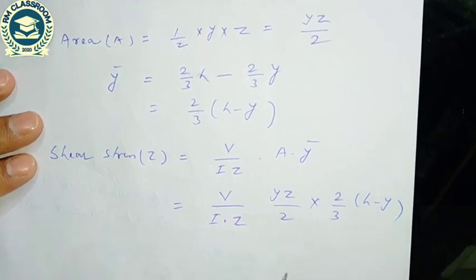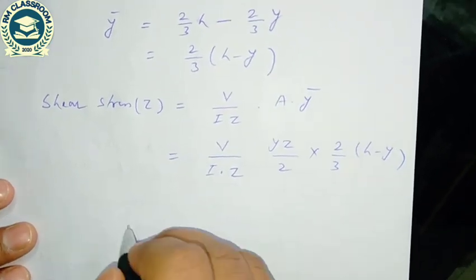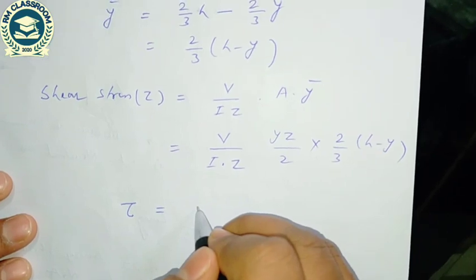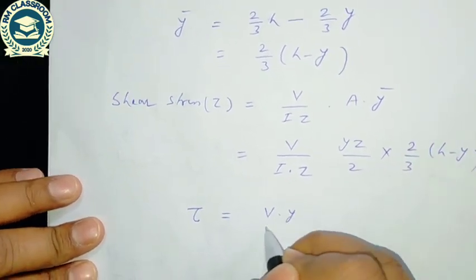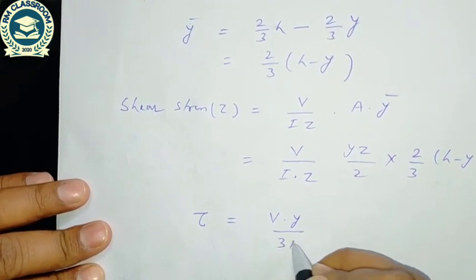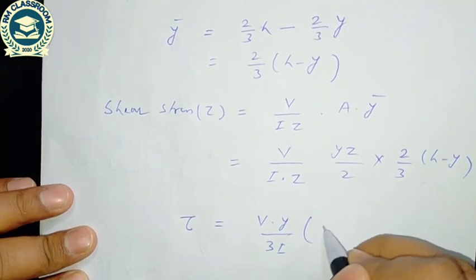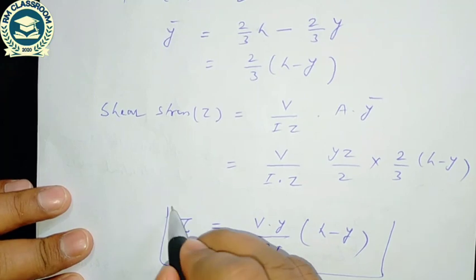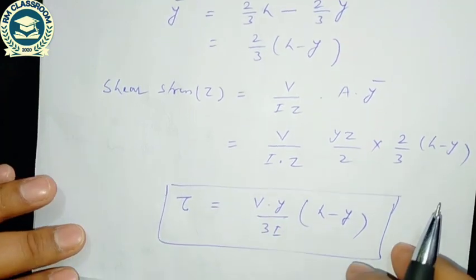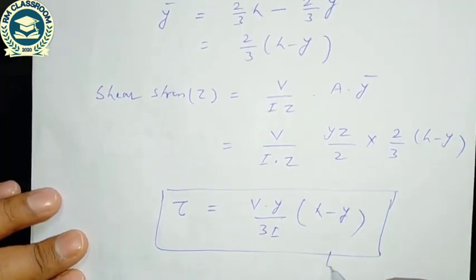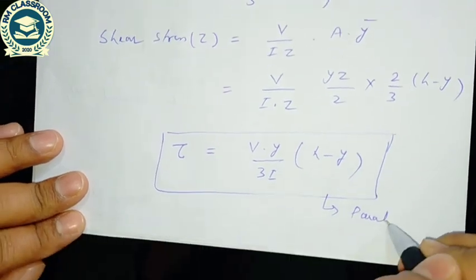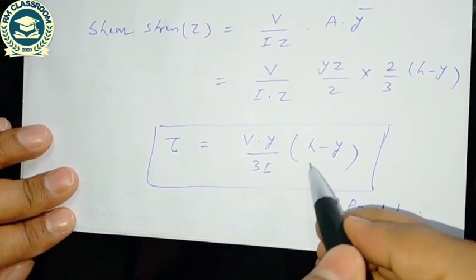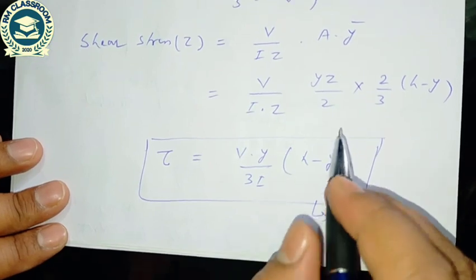So z, z cancel. So shear stress is V into y by 3I into (h minus y). So this is the expression of shear stress. Once again, its nature is parabolic because of hy minus y square. So the nature is parabolic.